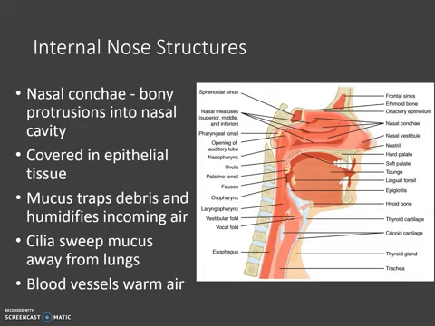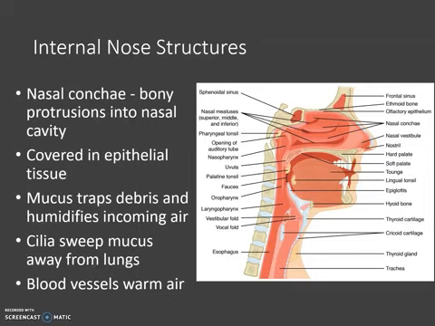And the mucus that's produced by this mucous membrane helps to trap debris when you inhale. So think about things like dust, bacteria, pollen, all that stuff gets stuck in the mucus that is being secreted by the mucous membrane of the epithelial tissue on the nasal conchae.